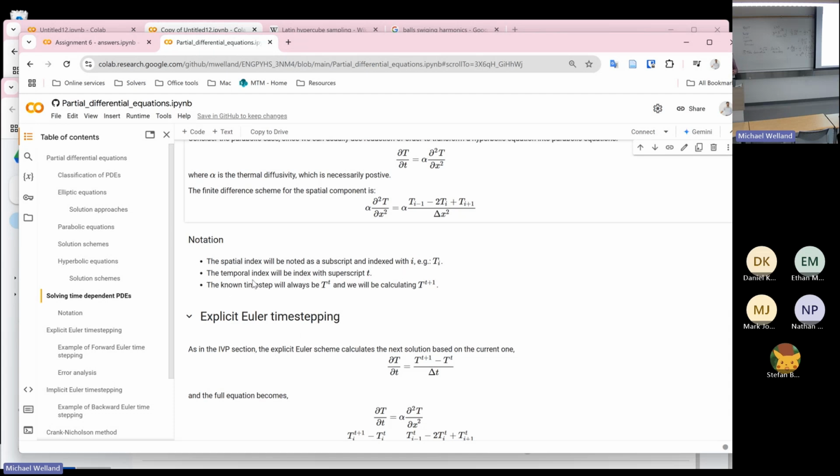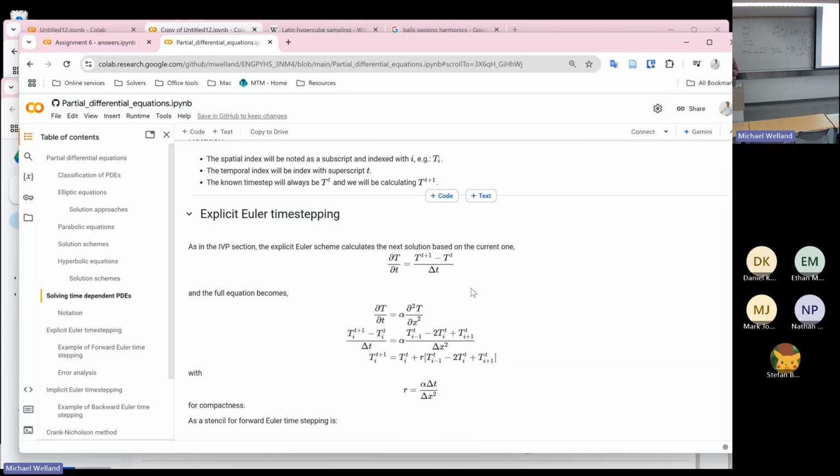I'm going to keep the known time step as t, and we're always going to try and calculate t+1. I'll keep that notation to keep it clear.